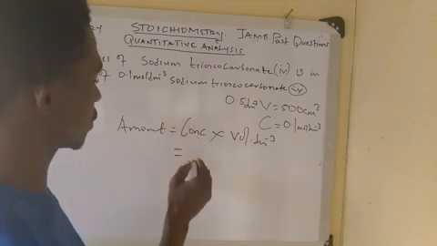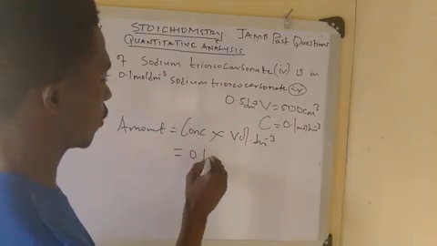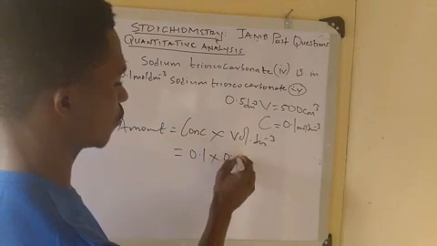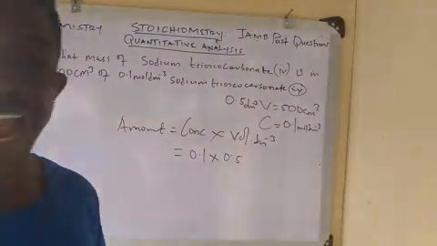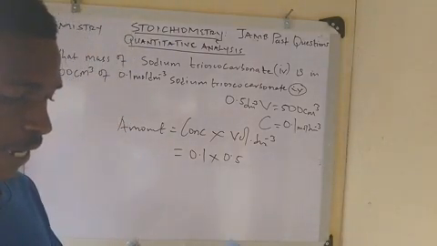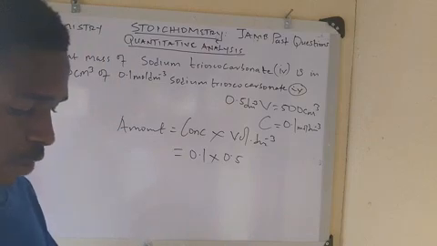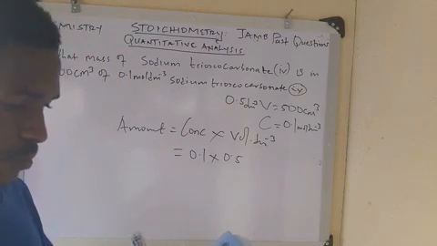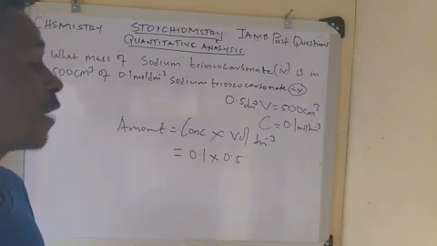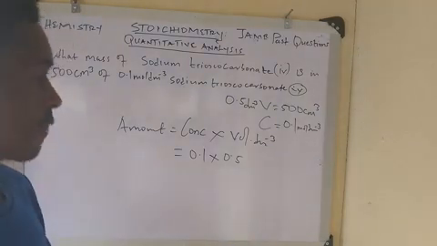So my concentration is 0.1. My volume is 0.5. So what is my amount? If I say 0.1 times 0.5, I will have 0.05.